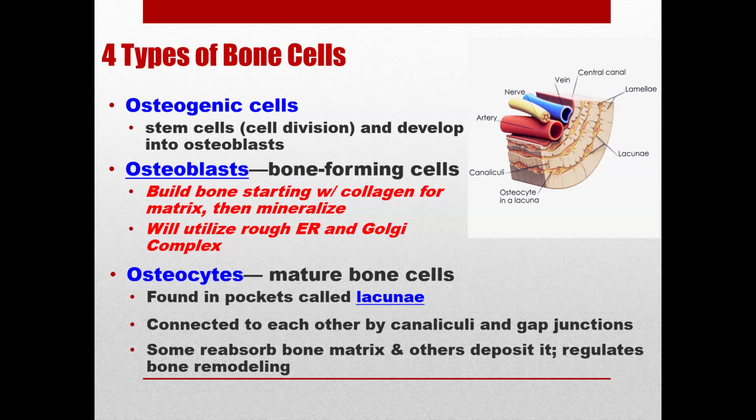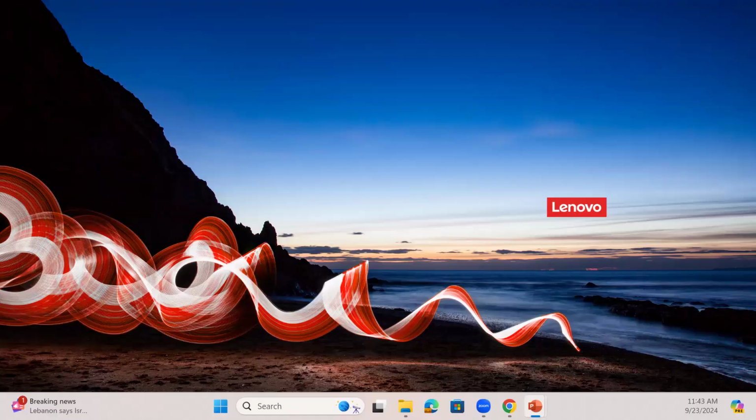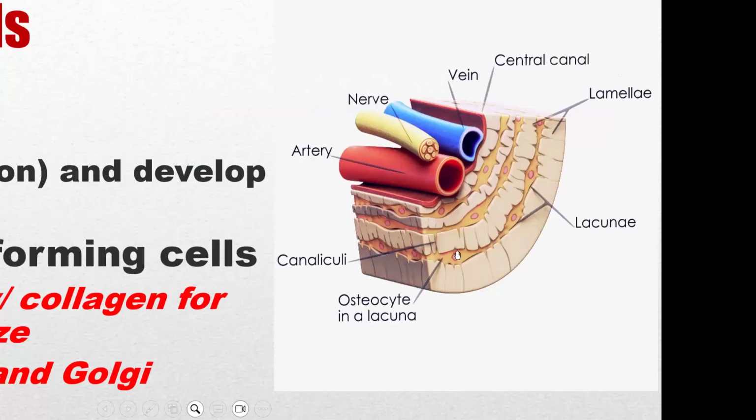And I'll put that picture there, I added that picture the other day. We have an osteocyte. If you can see that, we'll blow it up for a second. Sitting in that little lacuna where they live, it's basically just a little pocket. So this osteocyte right there is sitting in a little cavity between the lamella.